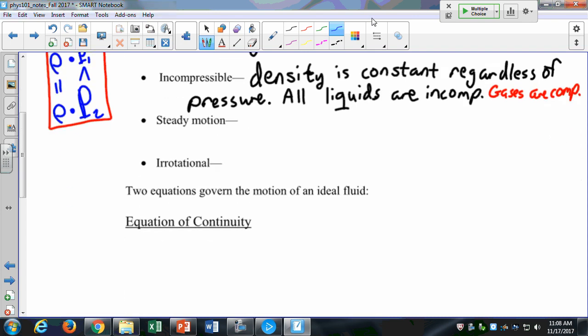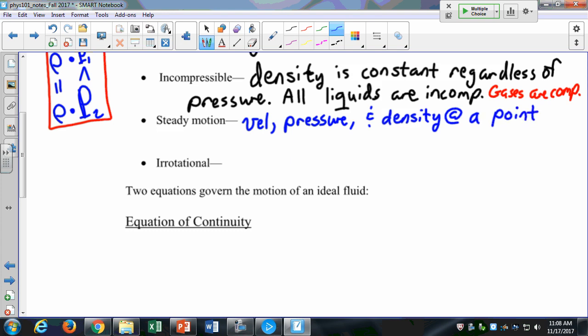Also, steady motion, that just means that the velocity, the pressure, and the density at a particular point do not change with time.